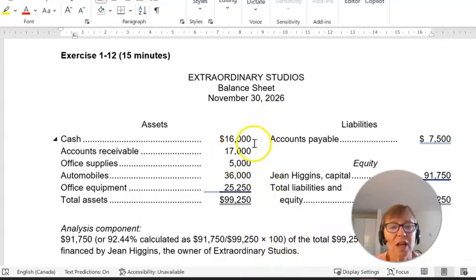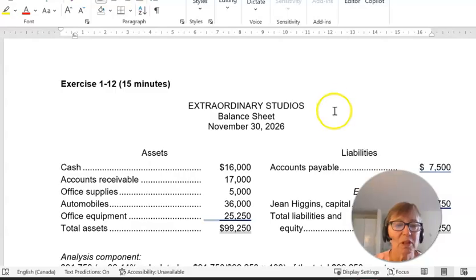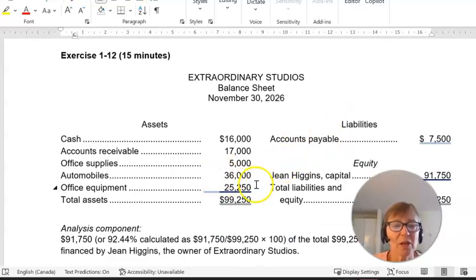So we list those under our assets. And again, get used to the layout of the financial statements here, okay? So we've got cash, accounts receivable, office supplies, automobiles, office equipment. We add those up, we get 99,250, which matches our check figure.